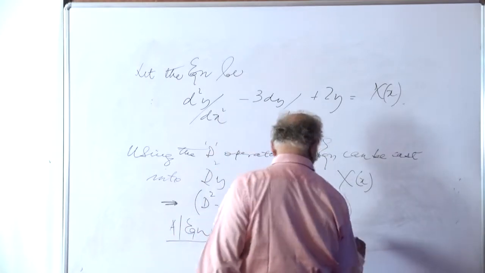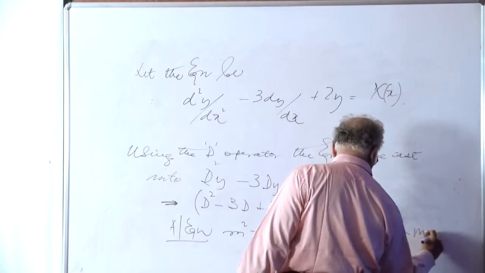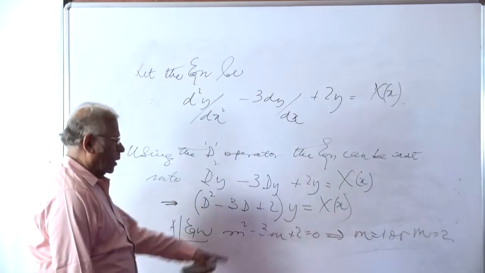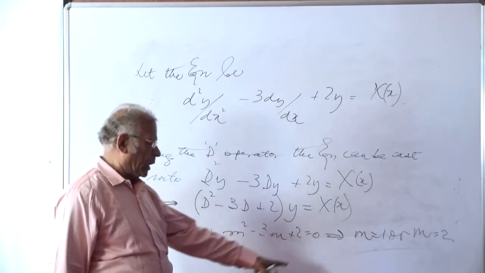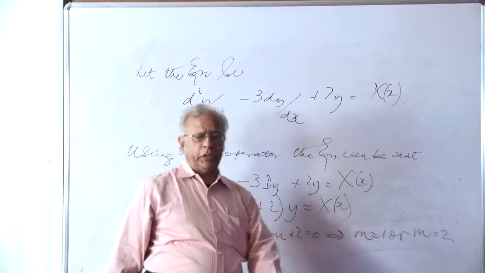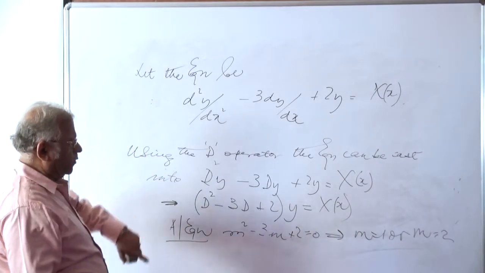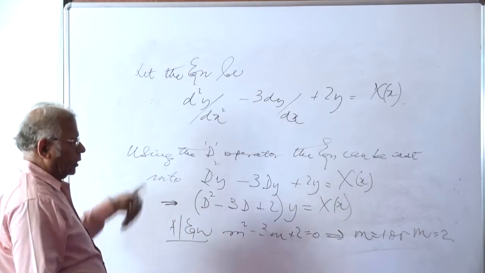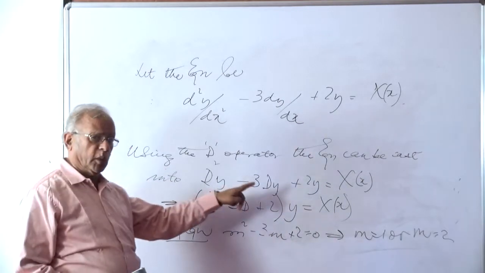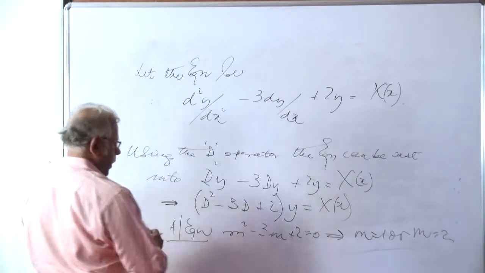This implies m as 1 or m as 2. In other words, the complementary function is c1 e to the power of x plus c2 e to the power of 2x. But we will focus more on the uses of D here and not right now present any method of finding the particular solution by the D operator method, which will be reserved for a different lecture.